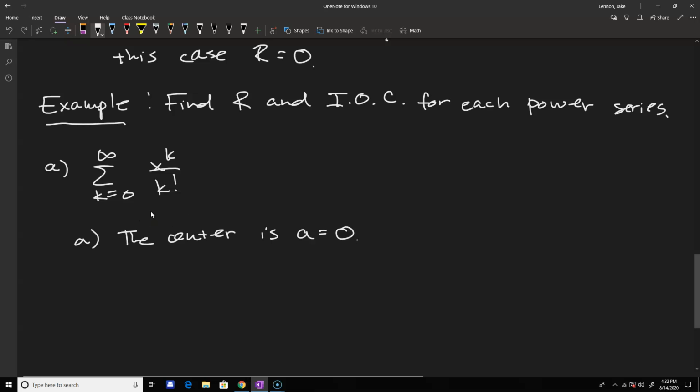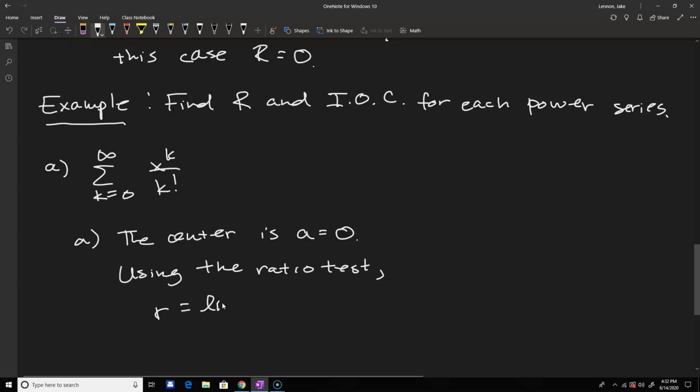We can test the series for absolute convergence. The factorial is a hint to use the ratio test. Using the ratio test, what do we get? That's going to be our little r.